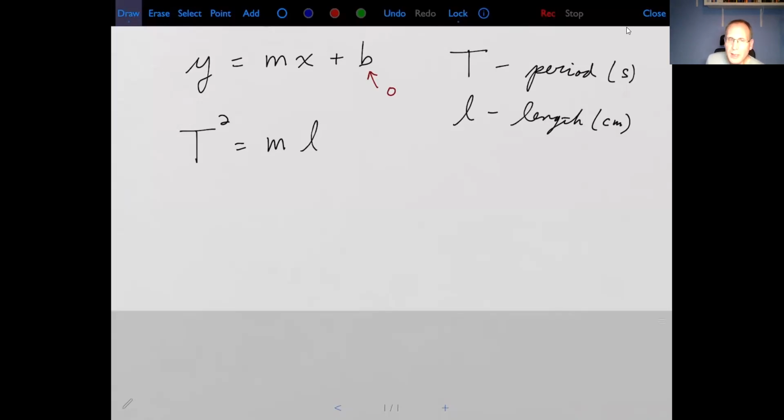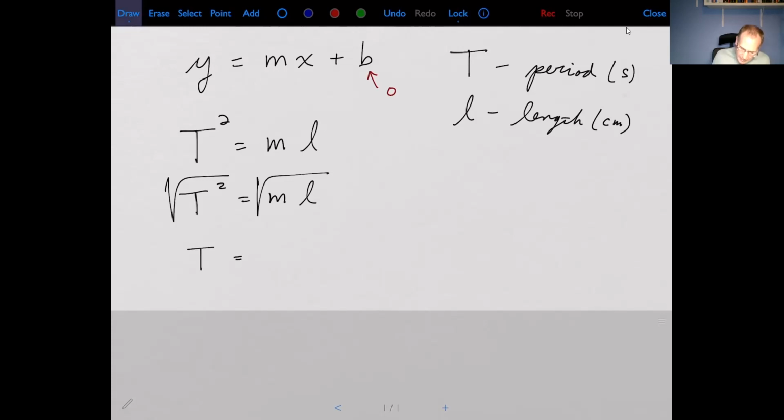So actually, we're almost there. Remember, this question is going to ask for the period as a function of the length. Right now, we have period squared. Well, how do we get the period if we have period squared? I can simply take the square root of both sides. So let's do that. The square root of T squared is going to be T. It's really plus or minus T, but we want the positive square root in this case.